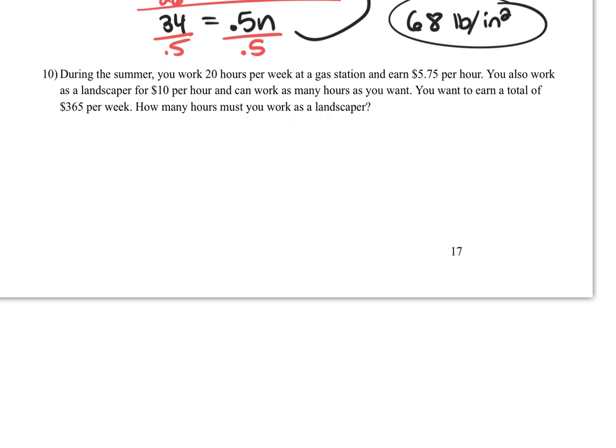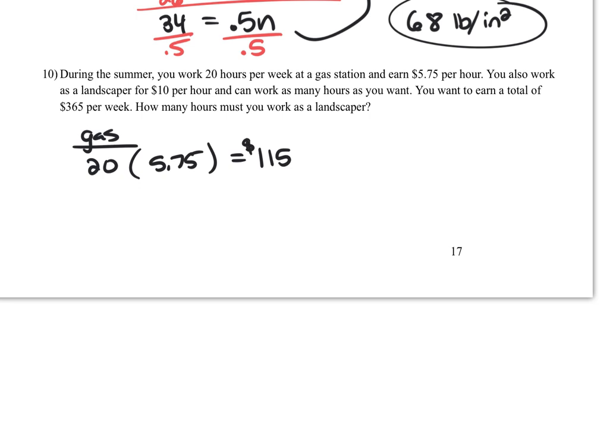All right. So, gas station. You guys told me you worked 20 hours for $5.75. What do we do with both of those numbers to figure out how much you make there? Ooh, not divide. Multiply. Yes. Okay? So we're going to multiply it. How much do you make? 115?